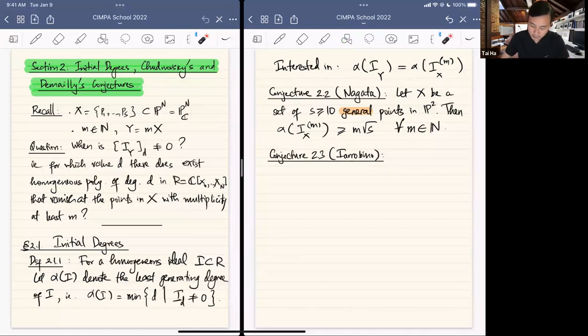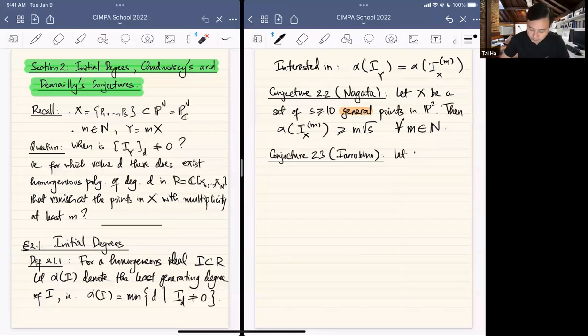Again, here you see that Nagata's conjecture says this inequality should hold with some exceptional cases, meaning if you take S to be less than 10, there could be situations where this is not true. So Iarrobino generalized this conjecture to any Pn, and once again he has a collection of exceptional cases.